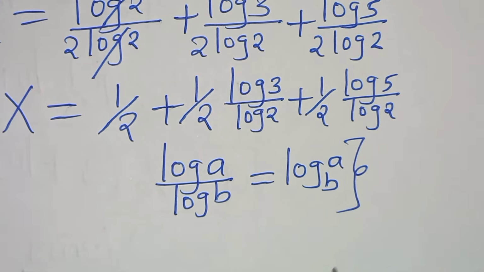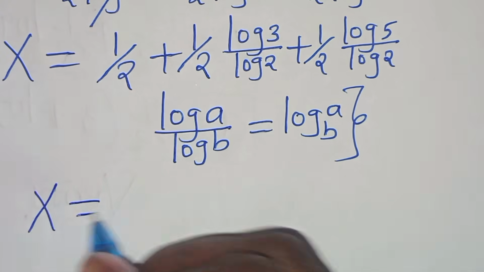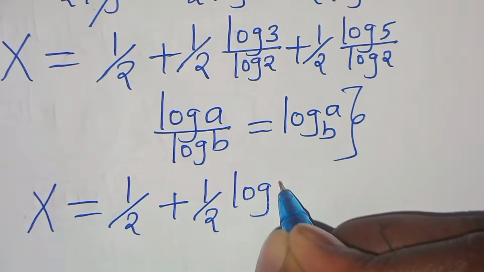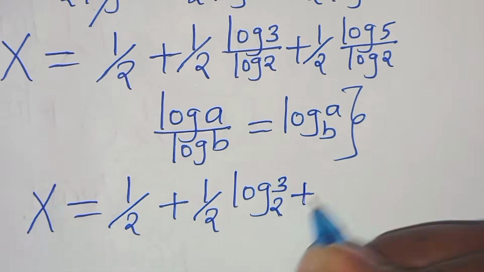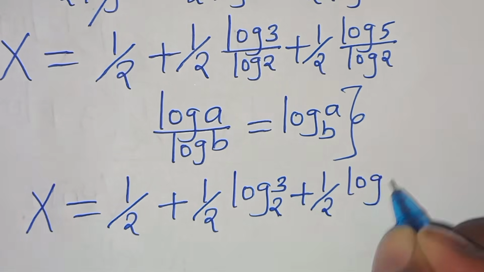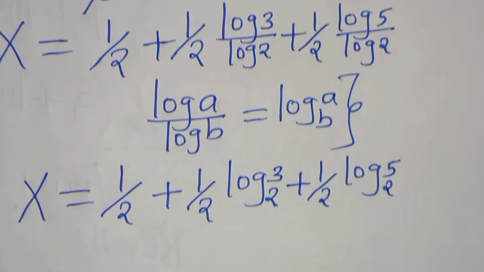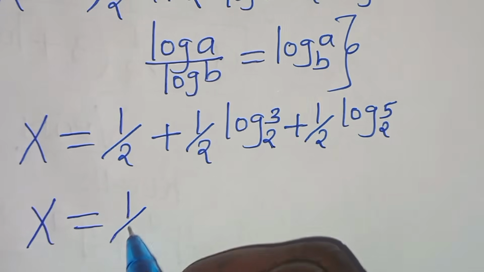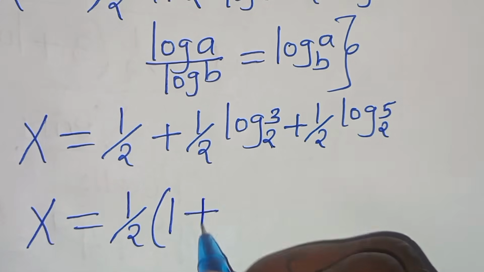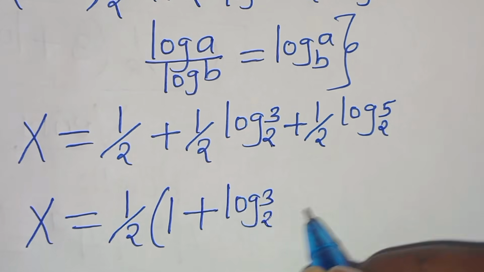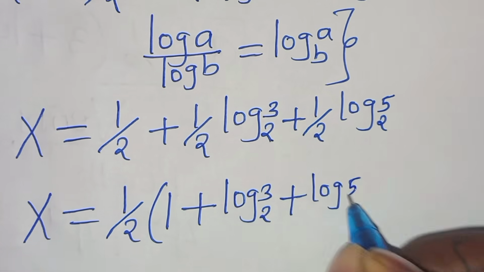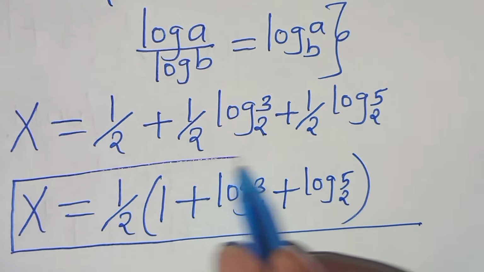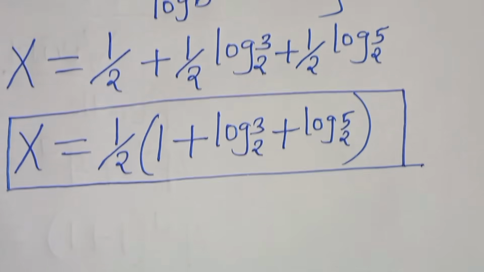Applying this logarithm property, x is equal to a half plus a half log 3 to base 2, plus a half log 5 to base 2. Since a half is common, we can express x as a half into the parentheses 1 plus log 3 to base 2, plus log 5 to base 2. So this is the value of x.